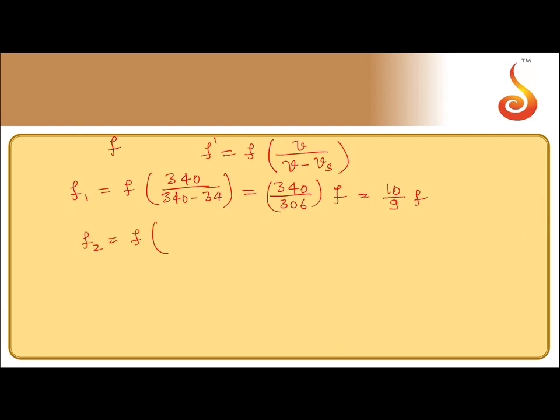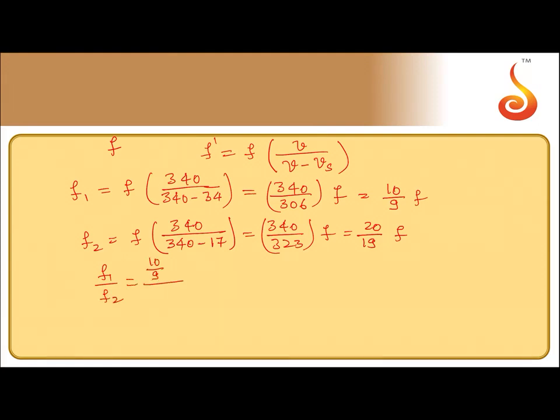Then f2 is equal to f into 340 divided by 340 minus 17, then it will be 340 divided by 323 f. So that will be 20 by 19 f. So you need to find f1 by f2, that is equal to 10 by 9 divided by 20 by 19.